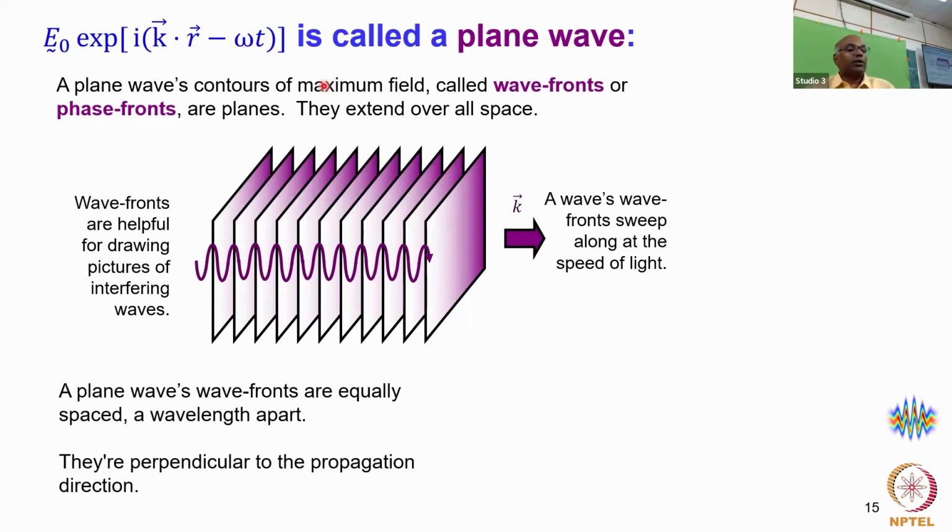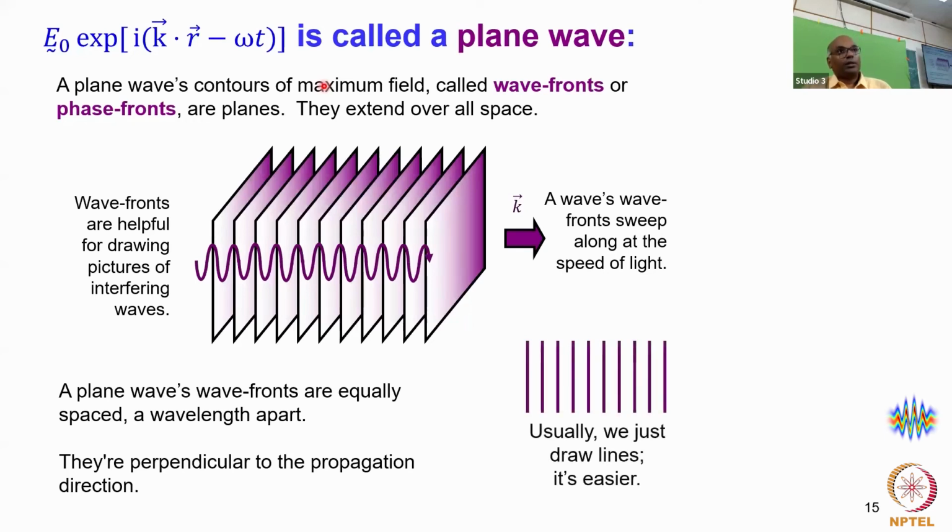The solution of all the points for which k dot r minus omega t1 is a constant will constitute this contour. I'm suggesting you do a bit of mental math, but this is really so trivial that I'm pretty sure you can see that kx x plus ky y plus kz z minus omega t1 is equal to a constant. It leads us to the equation of a plane.